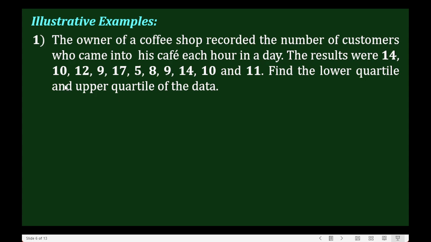Then another hour, 10 customers. Then for the succeeding hour, 12. Then we have 9 for the next hour, and so on until the last hour, 11 customers. Now here we are to find the lower quartile and the upper quartile of the data.